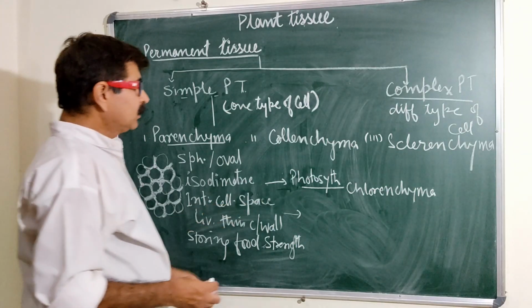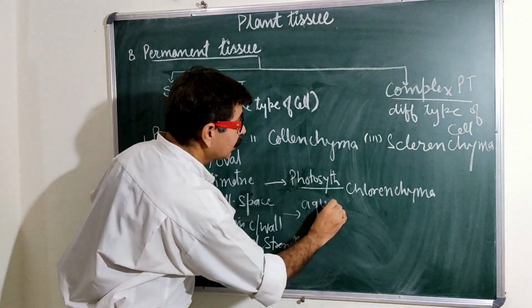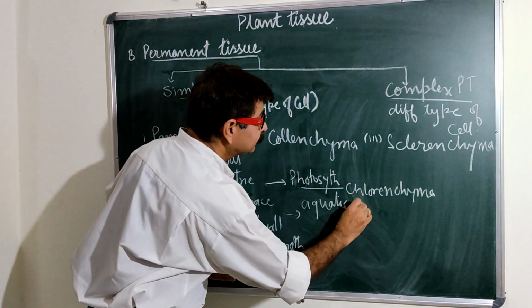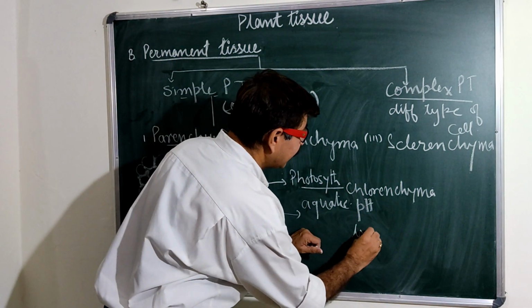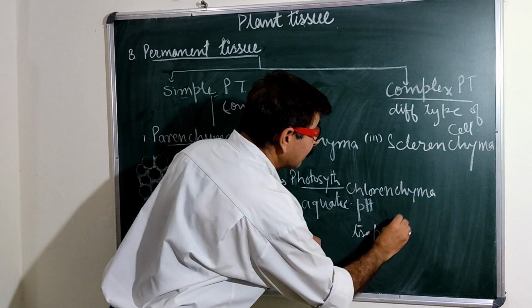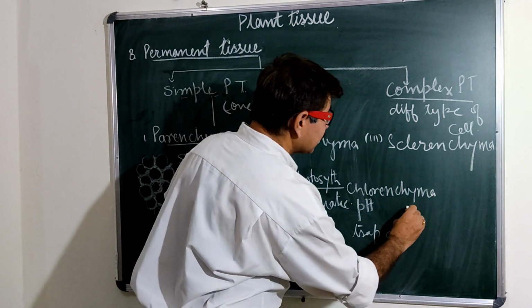Sometimes they are found in the aquatic plants. And aquatic plants trap air, having the air sacs. So at that time, these are known as aerenchyma.